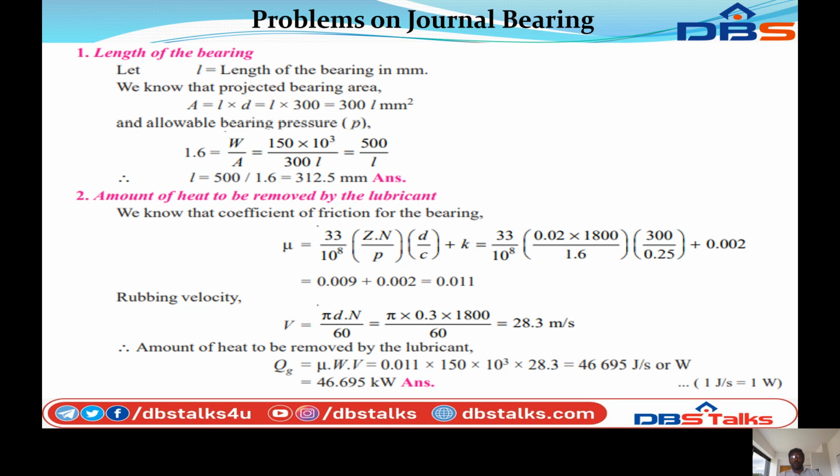Since 1 joule per second equals 1 watt, finally Qg is equal to 46.695 kilowatt.